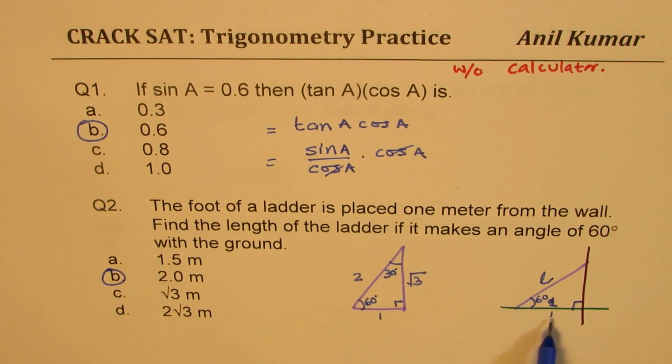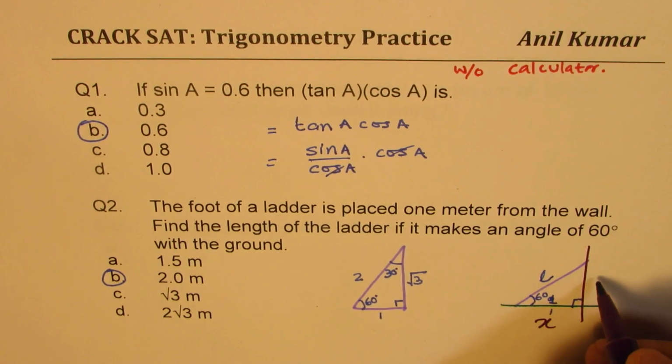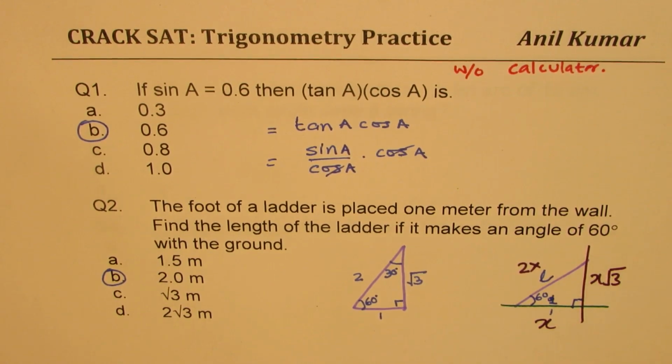Now in your test, this number could be different. I just gave you 1, but it could be a fraction, like 2 over 3 or 1.5, but these two values are the same. If I take this value as x here, then the values are 2x and x times square root 3. So you should remember this for any special right triangle, 30, 60, 90.